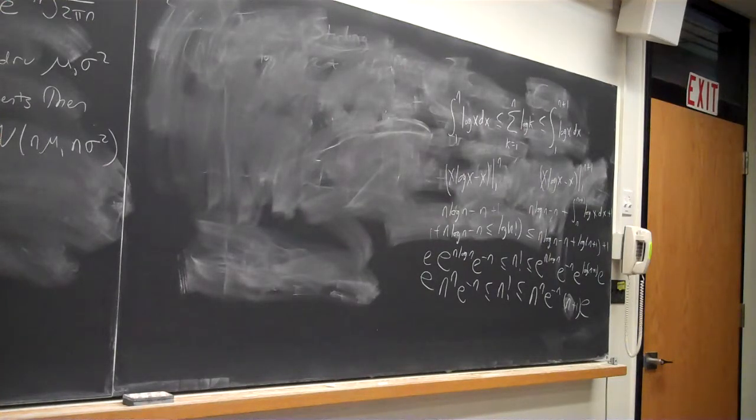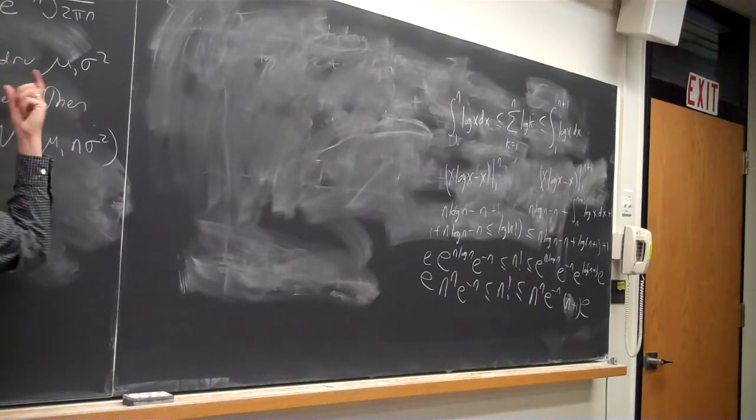Okay? So the central limit theorem holds for any choice of x1 through xn that are identically distributed that are nice. You can weaken these conditions greatly.